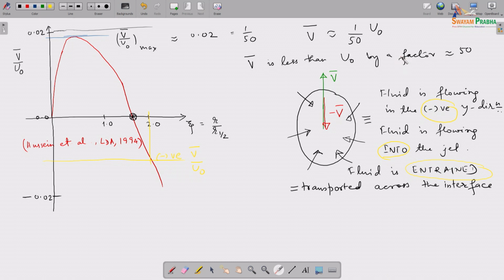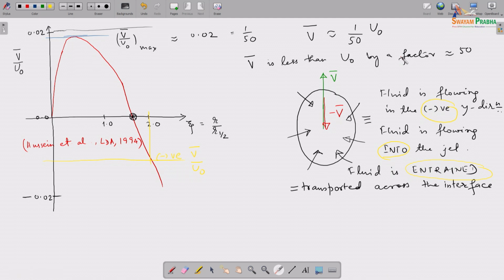And now we also see that there is a lateral component of velocity which is entraining fluid, making fluid come into the jet itself. It is not very large in magnitude, less than u naught by a factor of 50, but nevertheless it is a flow velocity bringing the flow into the jet itself.